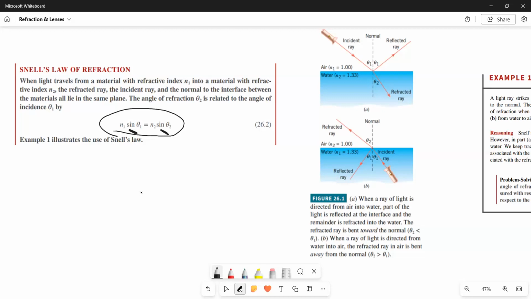Some textbooks don't put it like this. I think some textbooks put it like this: n1 over n2 equals sine theta 2 over sine theta 1.